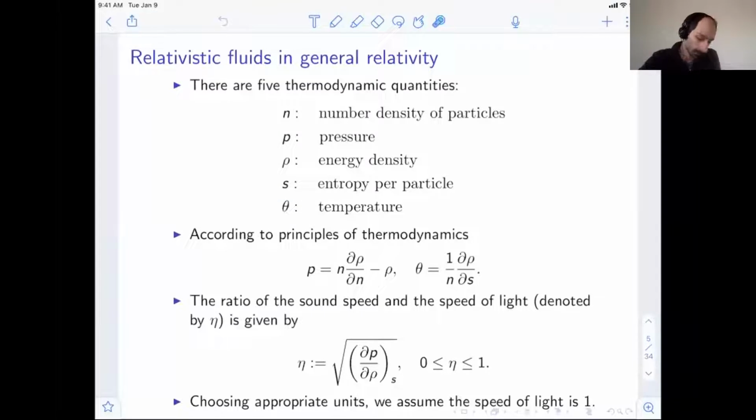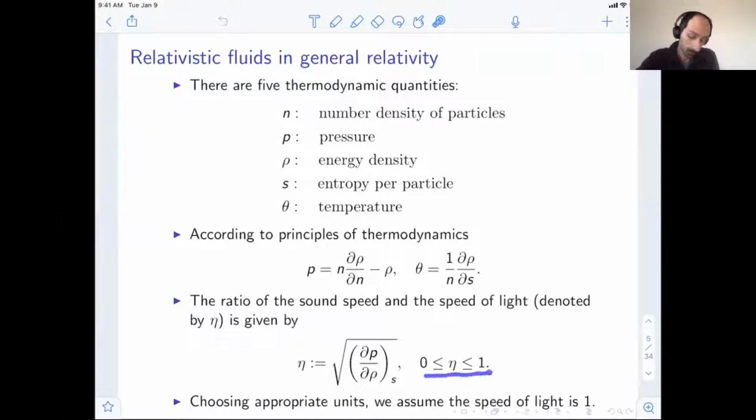They're supposed to satisfy some laws of thermodynamics, which are given as these differential equations. And like I said, these are mostly not so important to us. We'll quickly specialize to a more restrictive class where not all of them enter. But an important quantity is the sound speed, or more precisely, the ratio of the sound speed to the speed of light, which at constant entropy is given by the square root of dp/d rho.